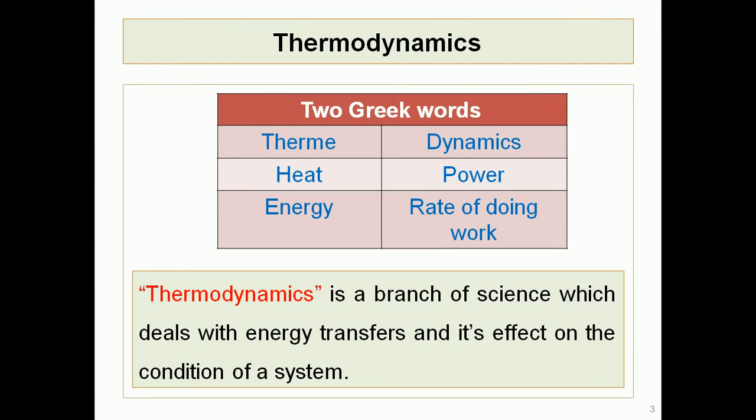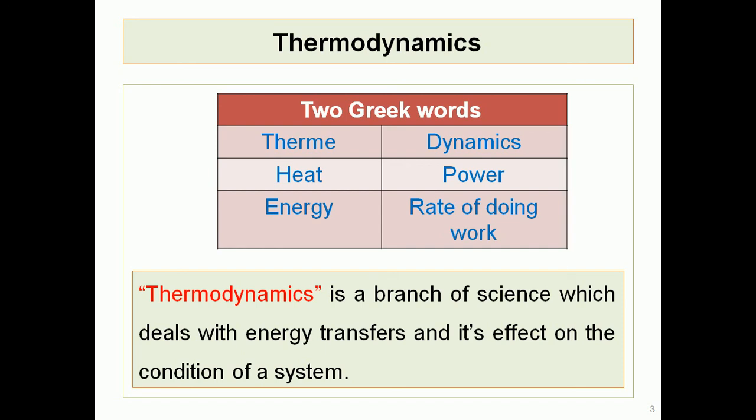So first and foremost important, what exactly is thermodynamics? Thermodynamics is simply defined as a branch of science which deals with the energy interactions and the effect of these energy interactions on physical properties of the system.